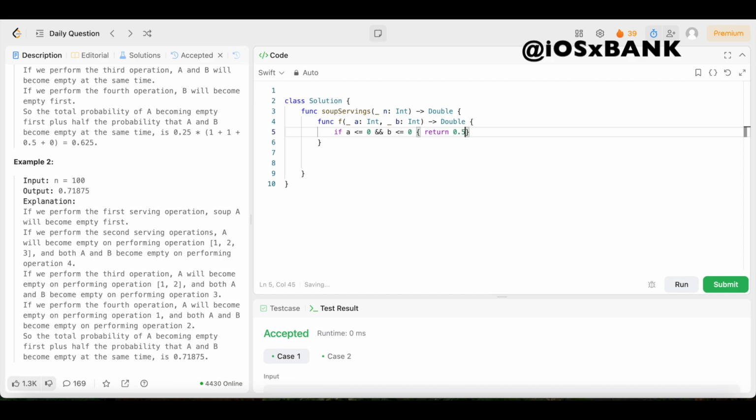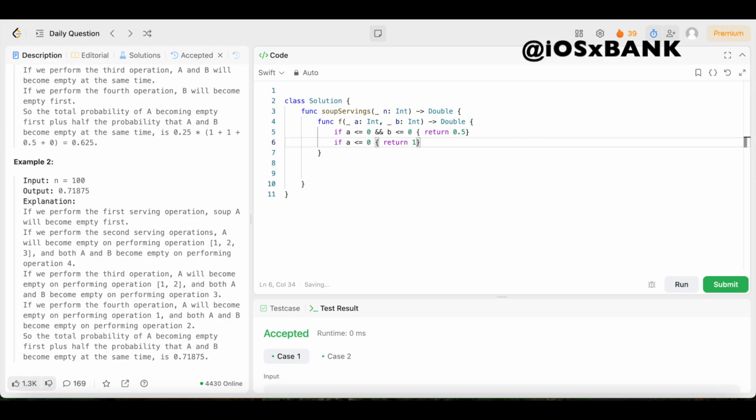Boom. Now we need a base case. If soup A is empty first, then the probability is 1, like we discussed earlier. So we're going to say if A is less than or equal to 0, then we could open up the brackets and return 1.